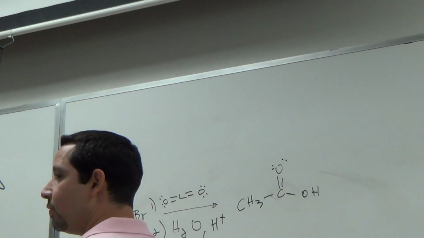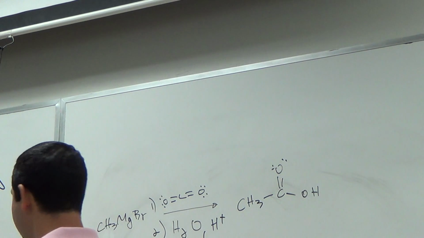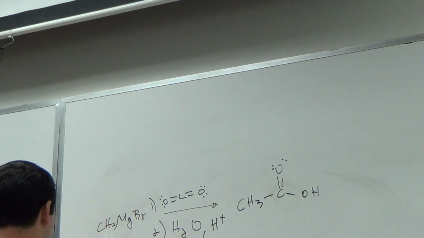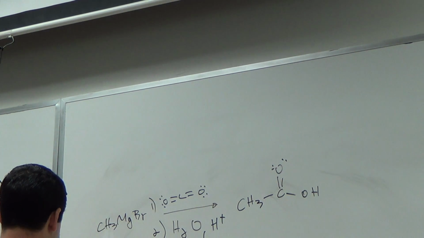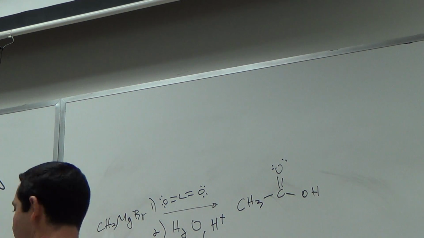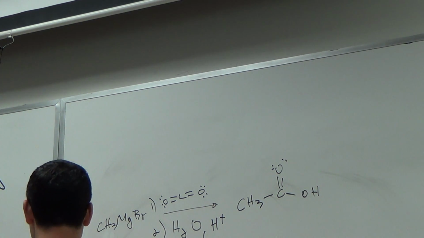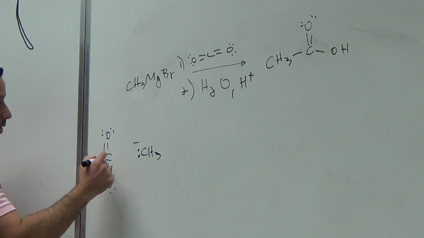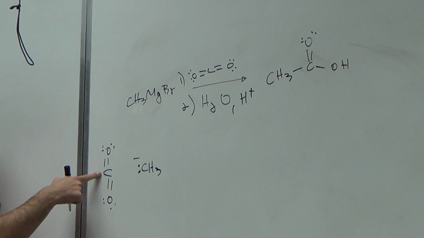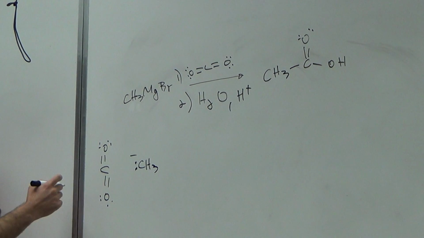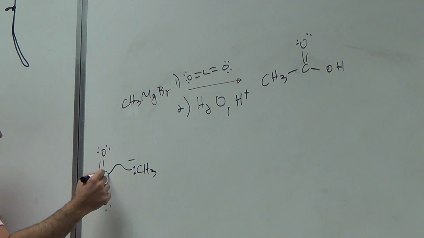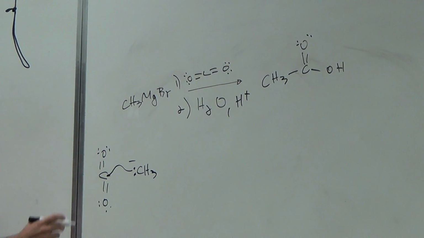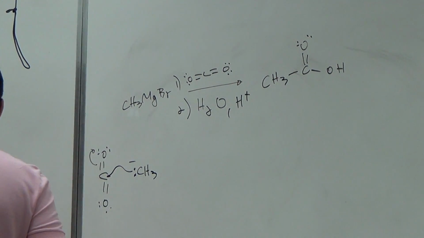Grignard with CO2 gives you carboxylic acid, yes? This is a source of negative charge. This is a nucleophile. And the carbon of CO2 is still partially electron deficient, yes? So it's going to get attacked by that. The pi electrons go up that way.